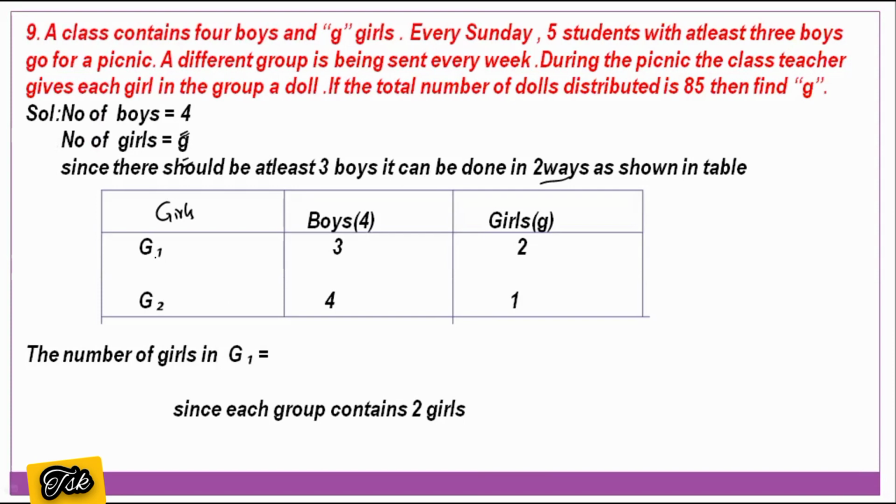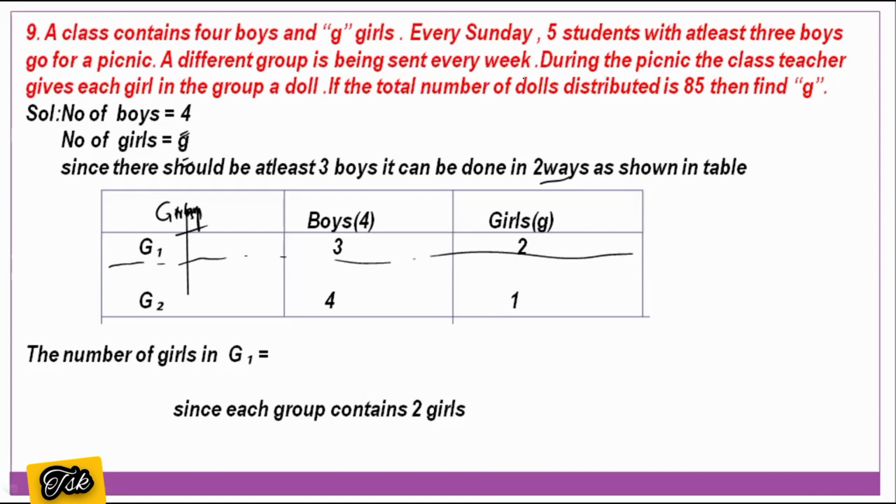I can consider each as a group. In the first group, there are 3 boys and 2 girls. And then the second one, 4 boys, 1 girl.